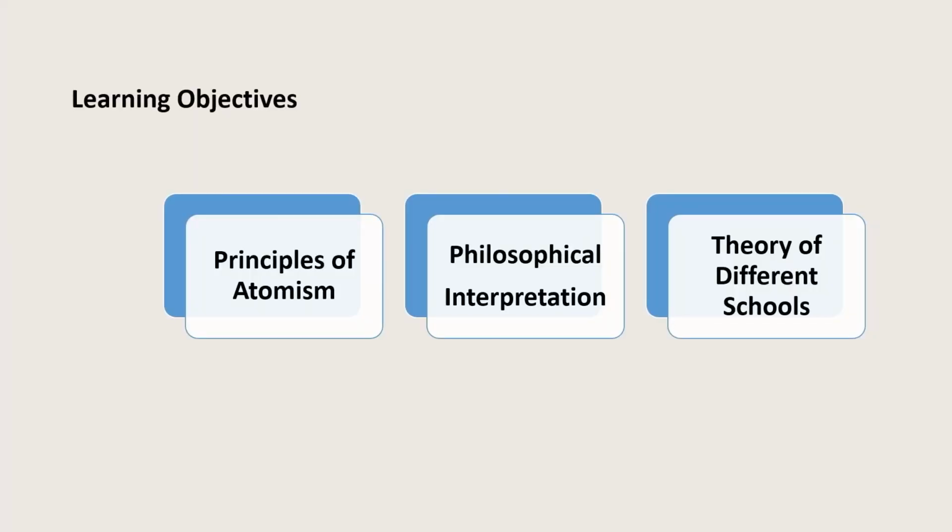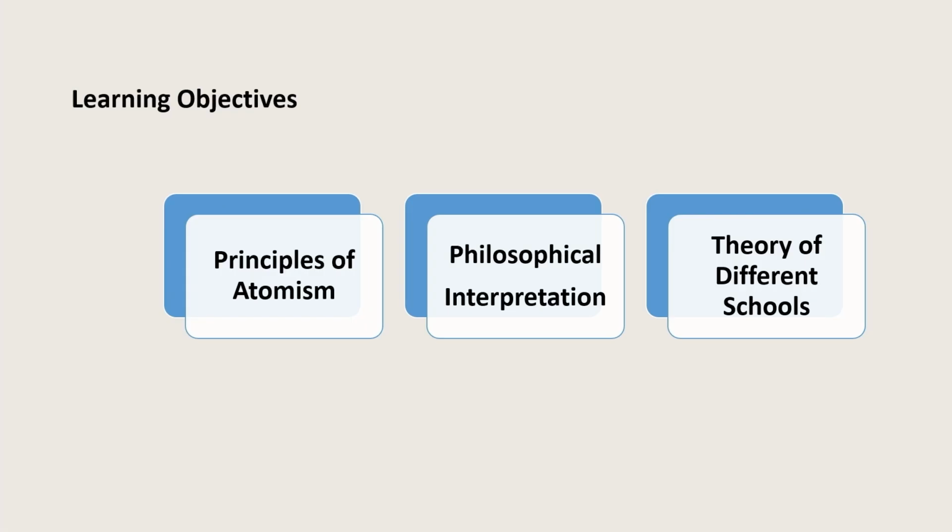At first, the learning objectives. The first learning objective of this topic is to know the foundational principle of atomism as developed by ancient Indian philosophers like Kanad and the Vaisheshik school. The second objective is to analyze how Indian atomism differs from or aligns with Greek atomism and how it integrates metaphysical and ethical dimensions within its philosophical framework.